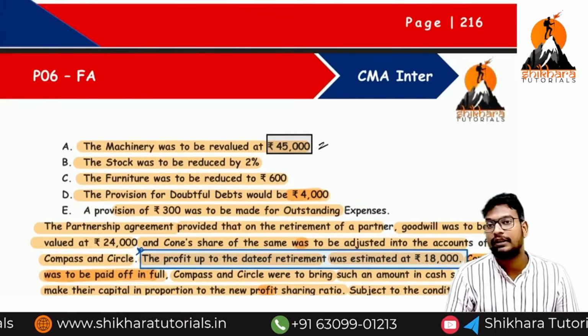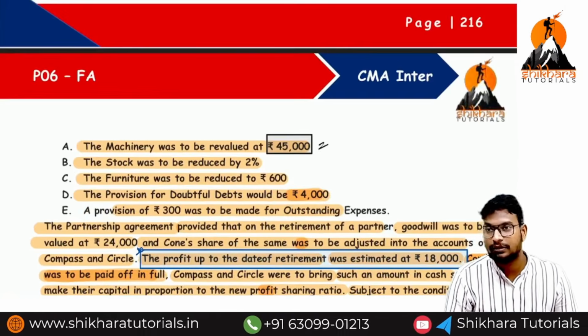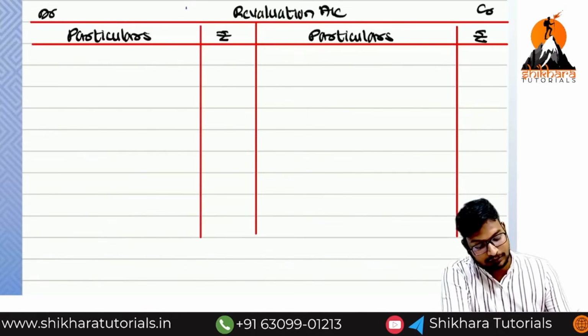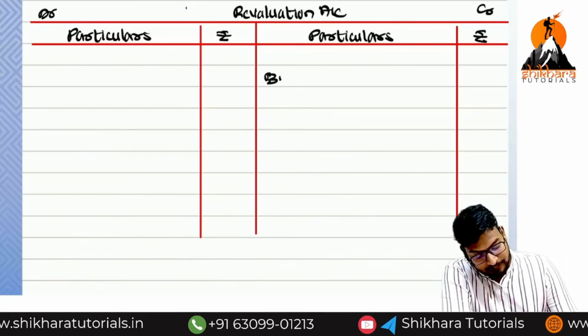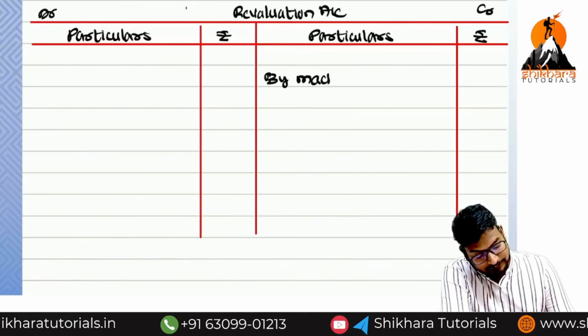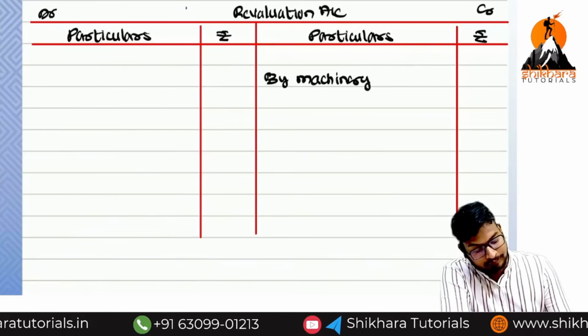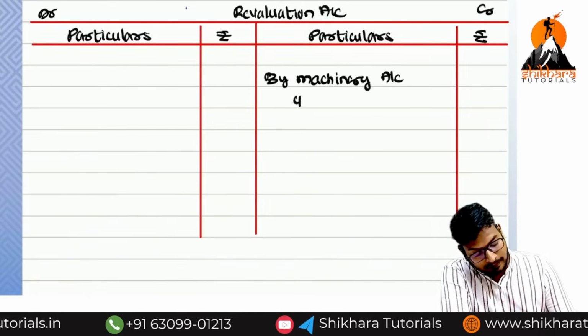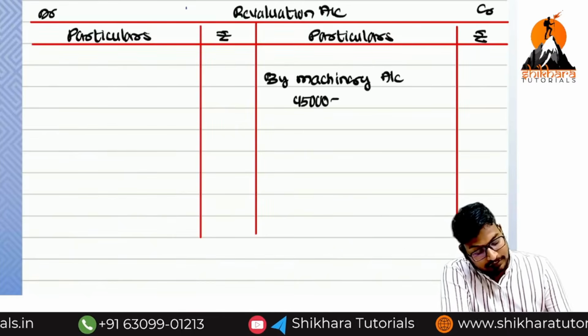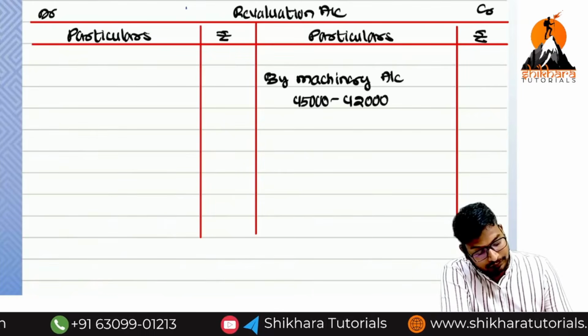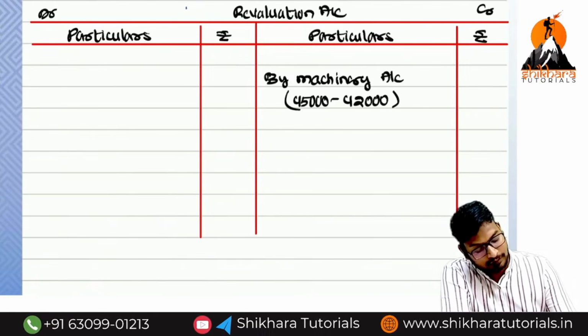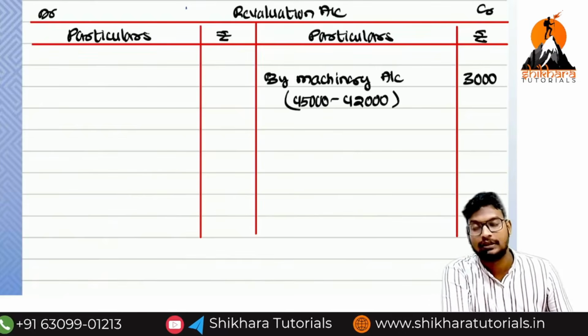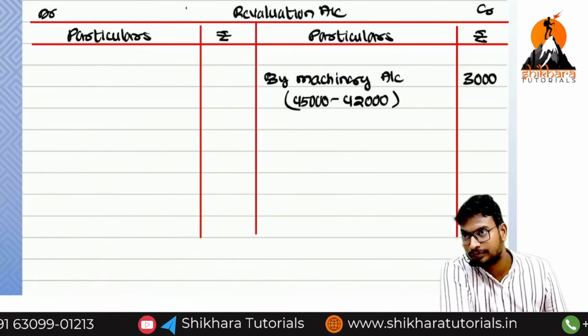Upward. So what is the entry? Machinery account debited to revaluation. So to machinery or by machinery? By machinery. 45,000 minus 42,000. How much, amma? 3,000. Okay, guys? Please be very careful.